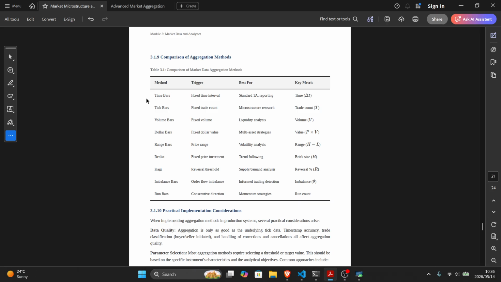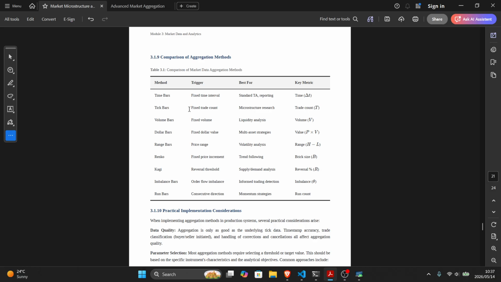Now the table has 4 columns: method, trigger, best for, and key metric. Now let's get started. Time bars are triggered by a fixed time interval. They're best for standard technical analysis and reporting. Their key metric is time, or delta T. Tick bars are triggered by a fixed trade count, best for microstructure research, and their key metric is T, or the trade count.